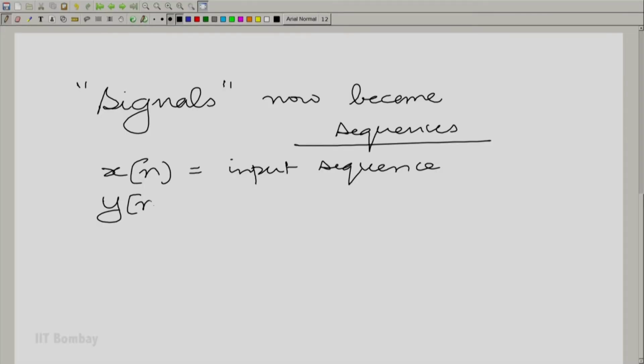So the word sequence, you understand, Pratik? Sequence, because unlike the continuous case where there is a continuum of values, you now have a discrete set. So, you can talk about the next one and the previous one. You could not do it in the context of continuous systems. So, therefore, you have xn as the input sequence and yn as the output sequence. So, we will use that word henceforth.